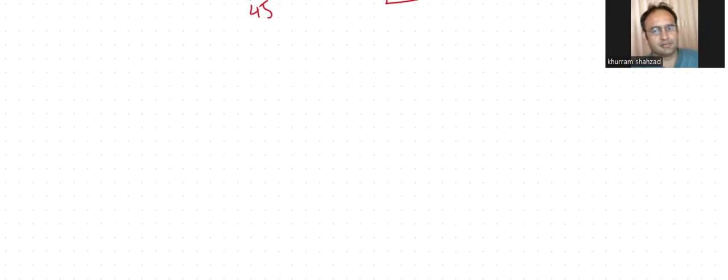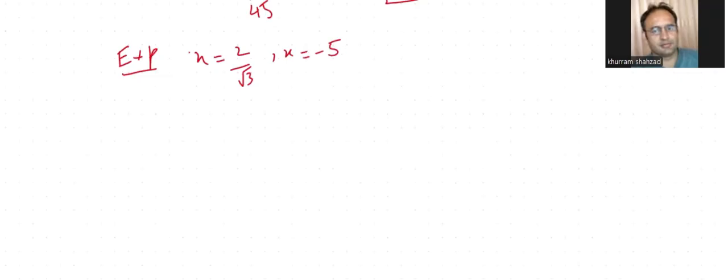Suppose we are given these zeros: x is equal to 2 by square root of 3, x is equal to negative 5, x is equal to 1, and x is equal to 2. So how can we find the polynomial? Suppose these are the zeros of some polynomial p of x.